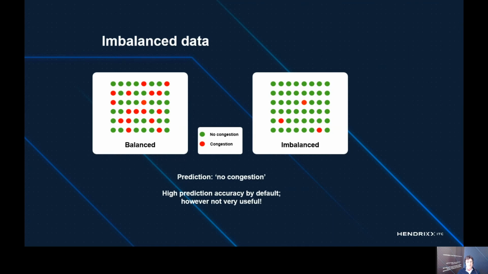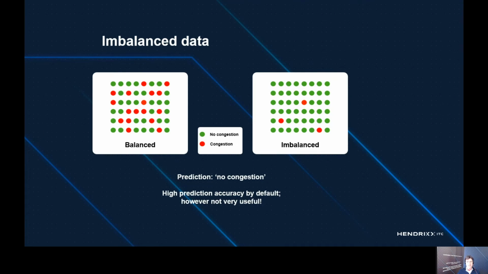What you can see here is a balanced data set, meaning that the event you're looking for happens, let's say 60-40, 50-50 of the time. But imbalanced means that the event you are predicting is not happening that much. And for congestions, that may be, let's say 99-1 or even less.